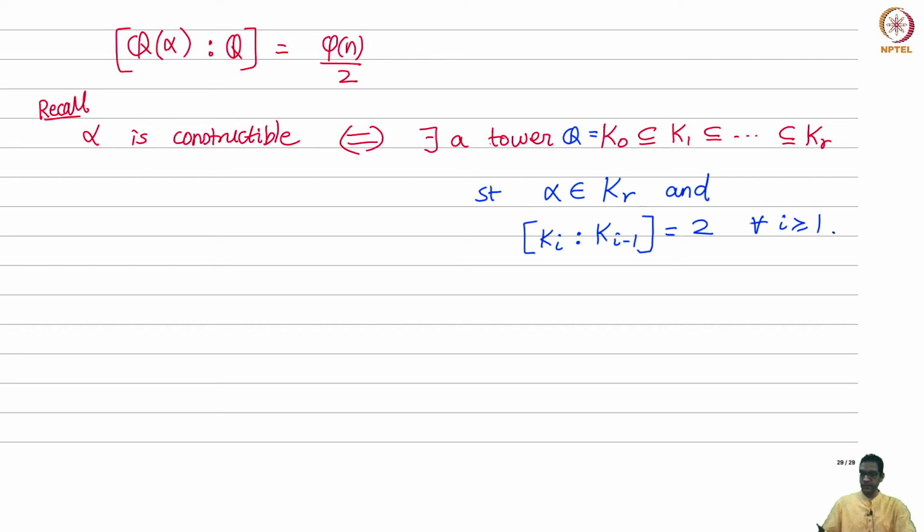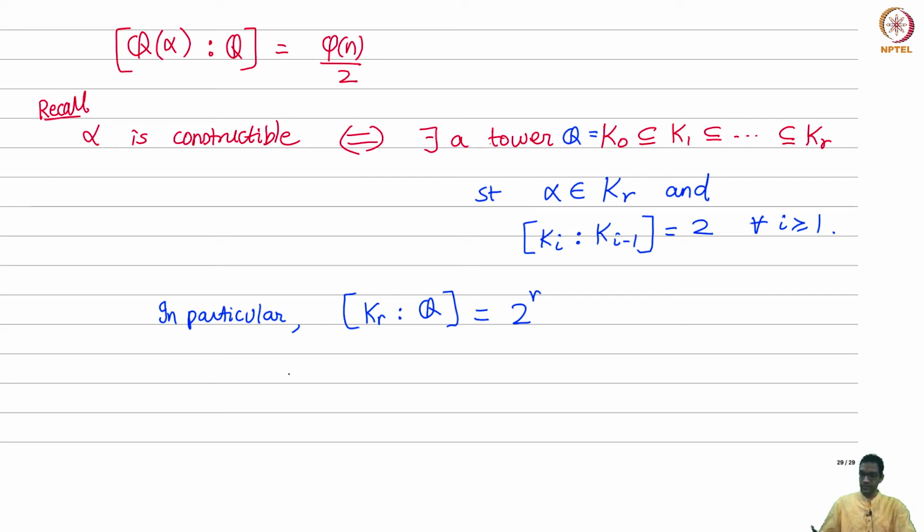So in particular, what does it mean? The degree of Kr over K0, which is Q, is just the product of the degrees of the intermediate extensions. So this is just 2 to the power r in this case. So it's a power of 2.